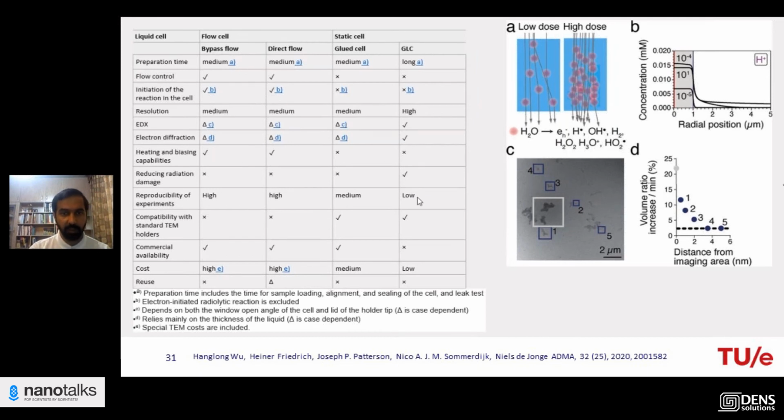And then with all of these, I think there is not much that can compete with the new, let's say, nanofluidic graphene liquid cells.